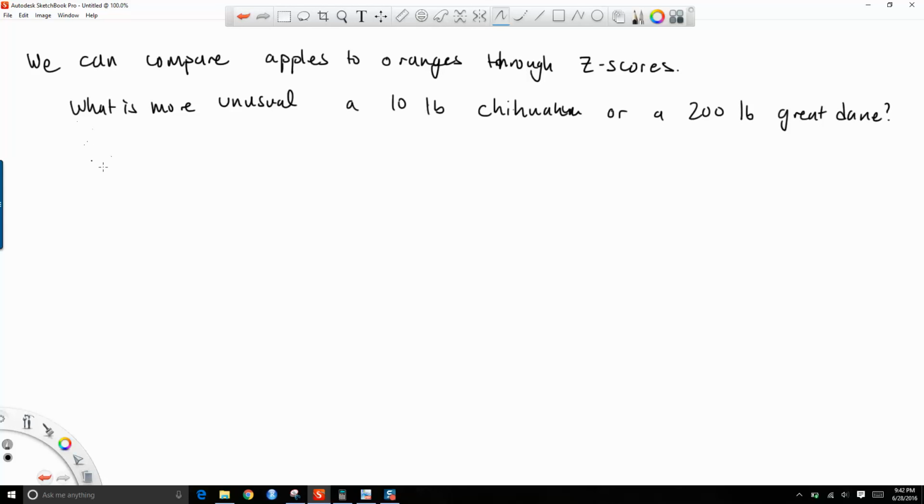Okay, well, for the Chihuahuas, the mean weight is something around 4.6 pounds, and the standard deviation is maybe like 1 pound. We'll ask for Great Danes. Average weight of a Great Dane.